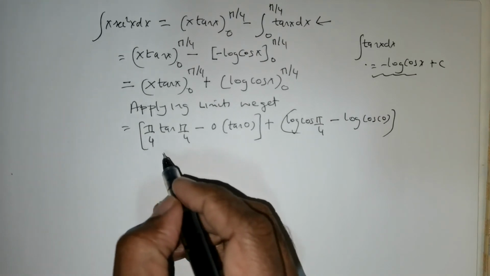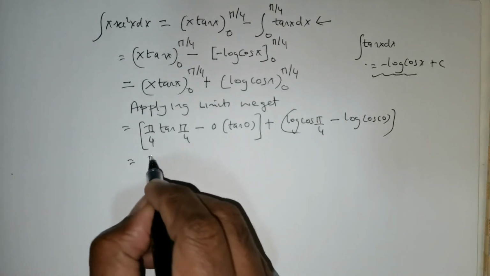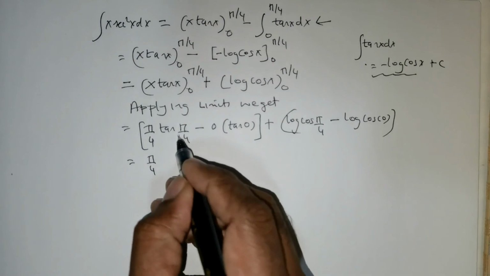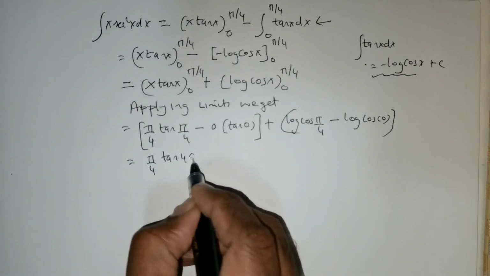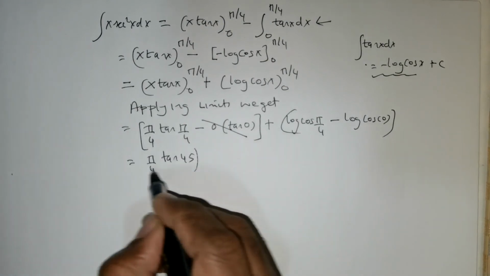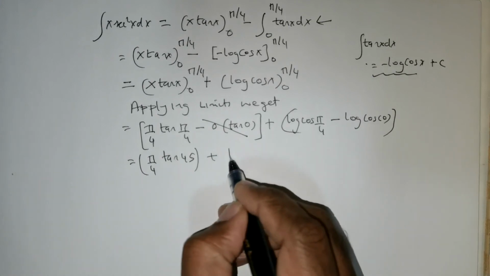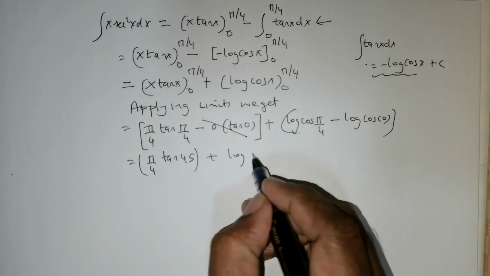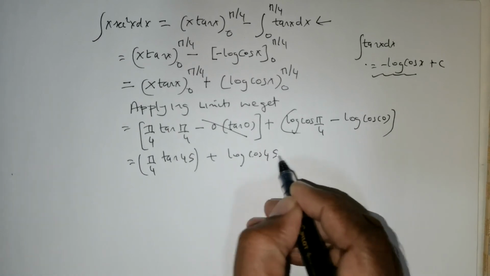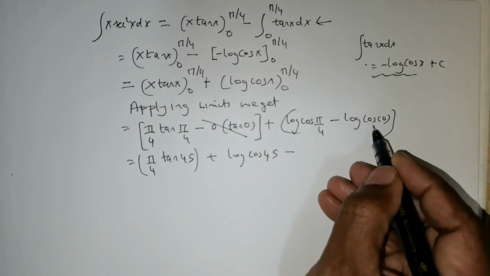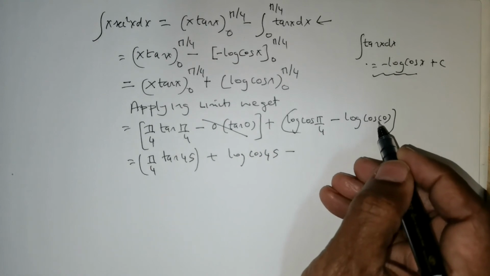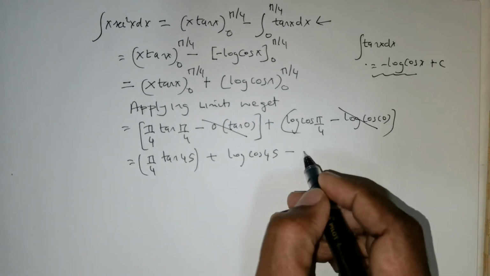Now this is equal to pi over 4 times tan 45, and the 0 term gets cancelled out. The second part is log of cos 45, minus log of cos 0, and cos 0 is 1, so that gets cancelled out.